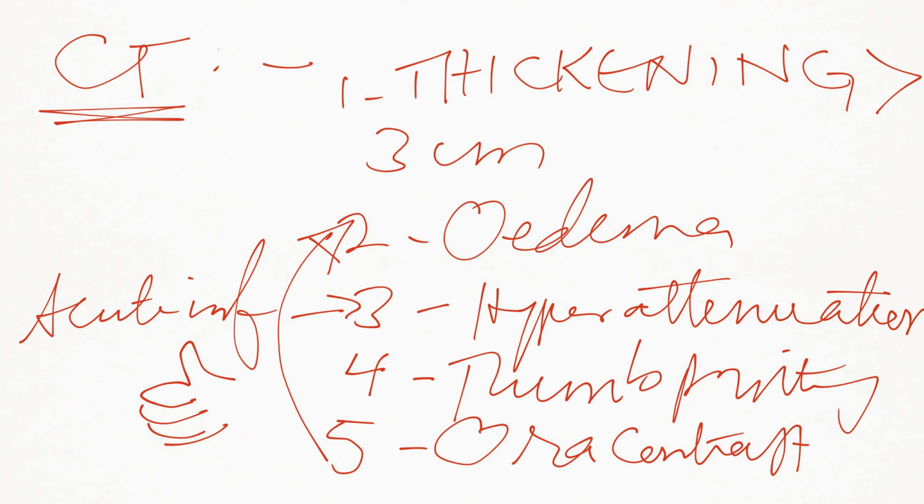Okay, so in the CT scan, there will be thickening more than 3 centimeters. There will be edema associated with the contrast ring, and you will find hyperattenuation due to acute inflammation, and you will find the thumb printing sign. Okay, so in general, these are the measures by which you can diagnose pseudomembranous colitis.